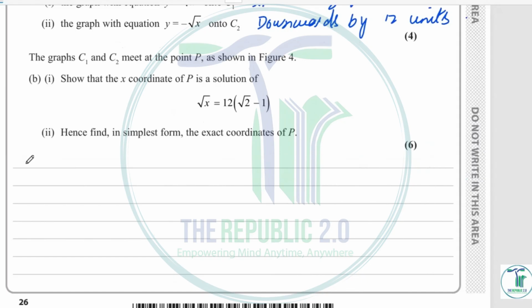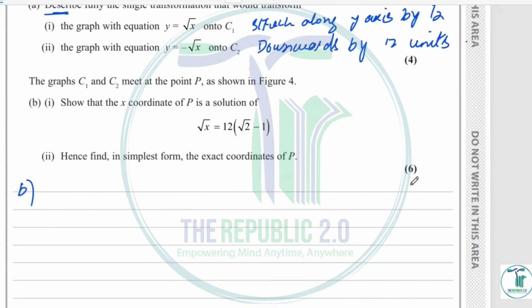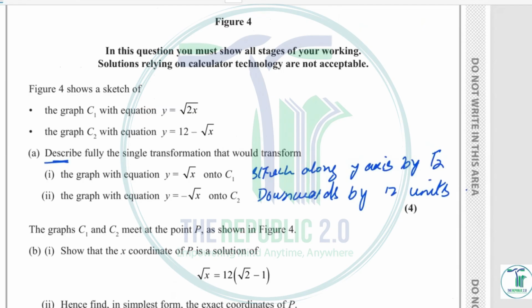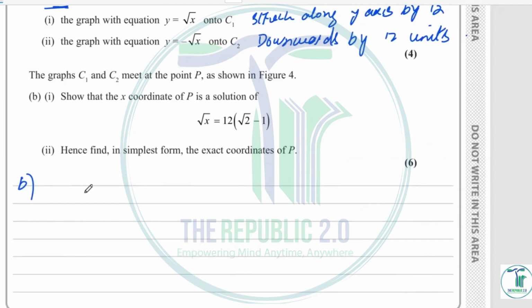Now the B part, the graph C1 and C2 meet at a point. Show that the exact coordinate of P is a solution of. Well, C1 and C2 are meeting at a point, so we just need to equate them up. I must be having under root 2x is equals to the other thing, under root 12 minus x.